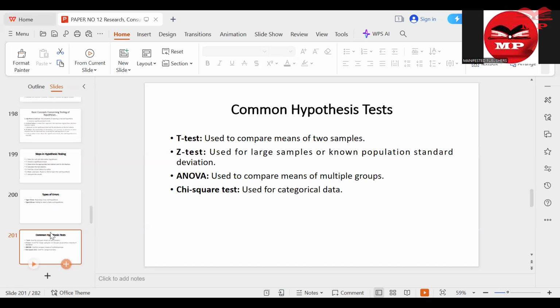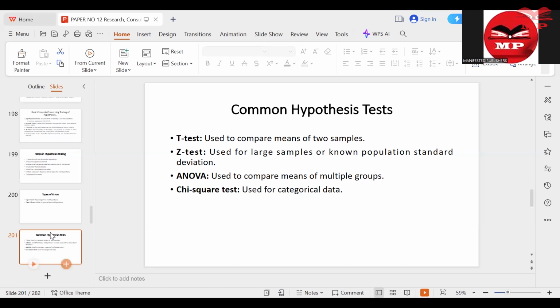What are the common hypothesis tests? So you have 1, a t-test. This is used to compare means of 2 samples. You have sample X, you have sample Y. So you do a t-test to compare the means of those 2 samples.